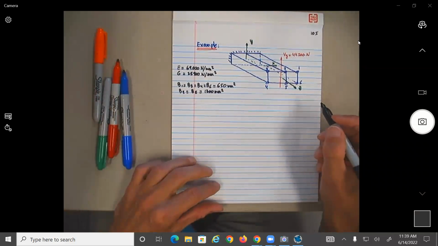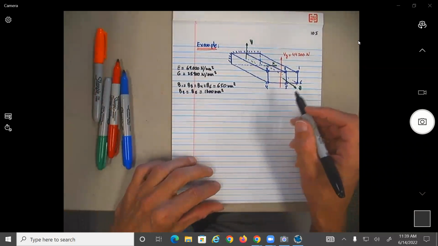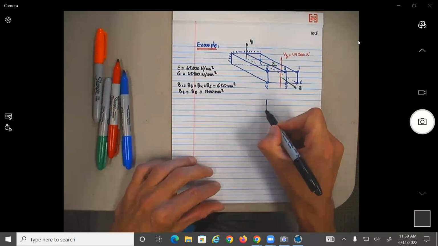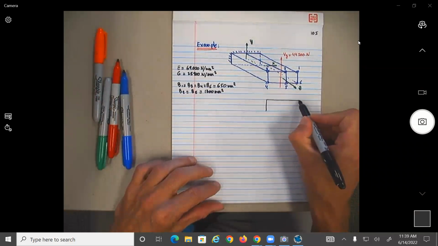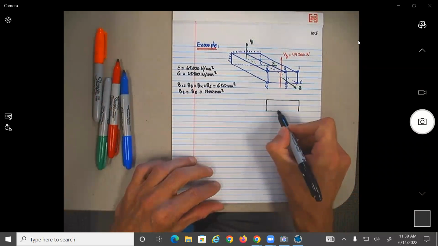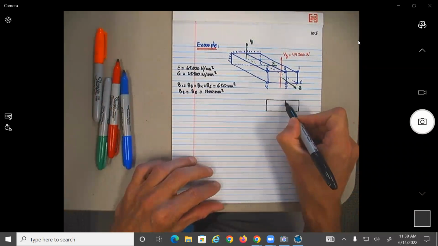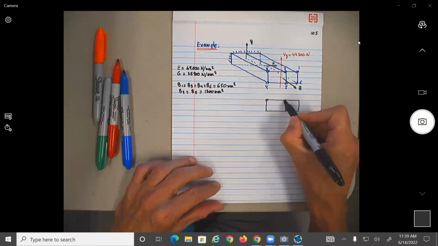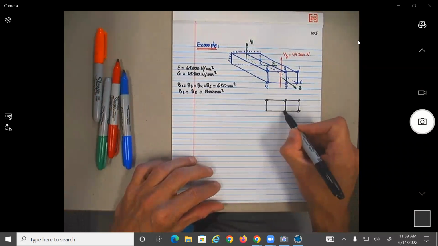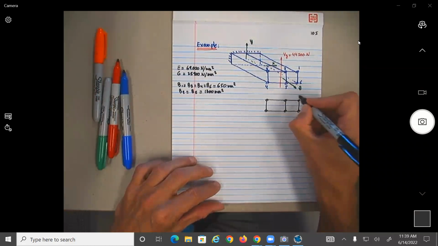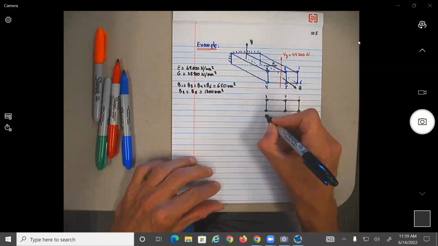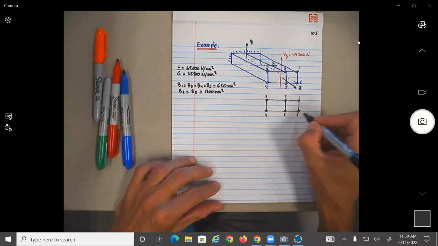Okay, and I'm going to do another small figure here just to give the dimensions.